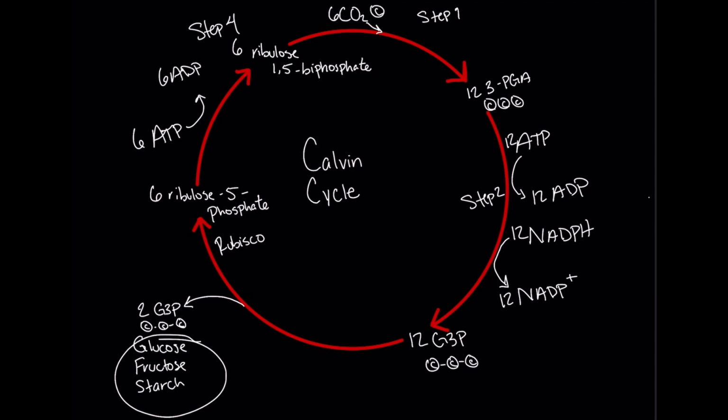So as you can see, this is a never-ending cycle as long as there is carbon dioxide, ATP, and NADPH, we can continue that cycle to keep on producing more and more sources of energy that could be used for many complex things so that the plant can continue living and be able to produce energy and oxygen that we can utilize.